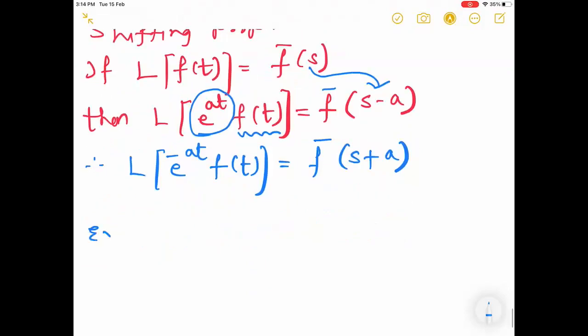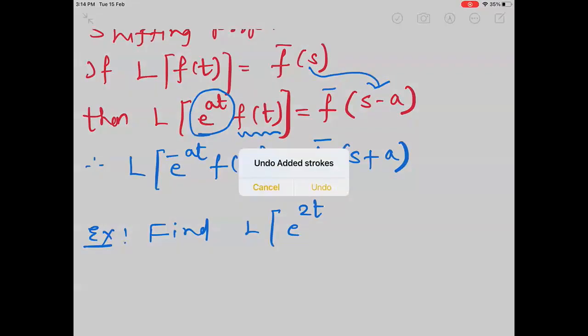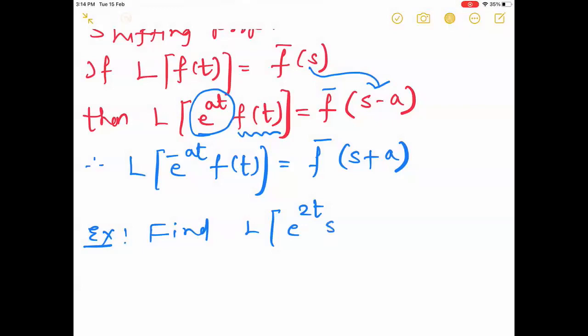For example, because I know some standard function transforms, suppose I want to calculate the answer: find the Laplace transform of e raised to 2t into sine of 3t. This is the required function transform. Find the transform of e raised to 2t into sine of 3t.